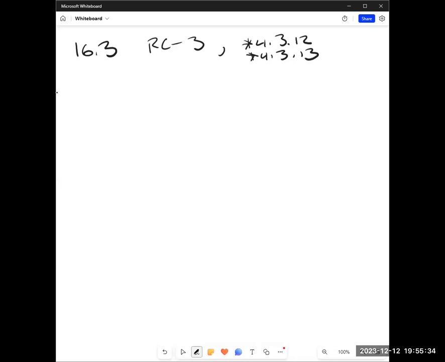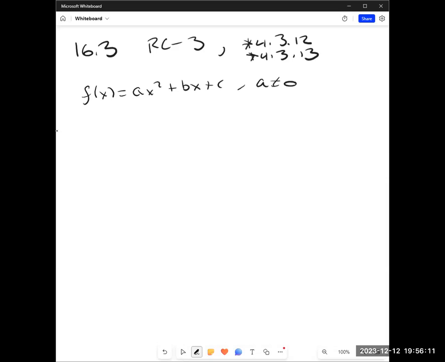So let's go ahead and look at this question, and it says decide whether the following statement is true or false: if the discriminant b squared minus 4ac equals 0, the graph of f of x equals ax squared plus bx plus c with a not equal to 0 will touch the x-axis at its vertex.